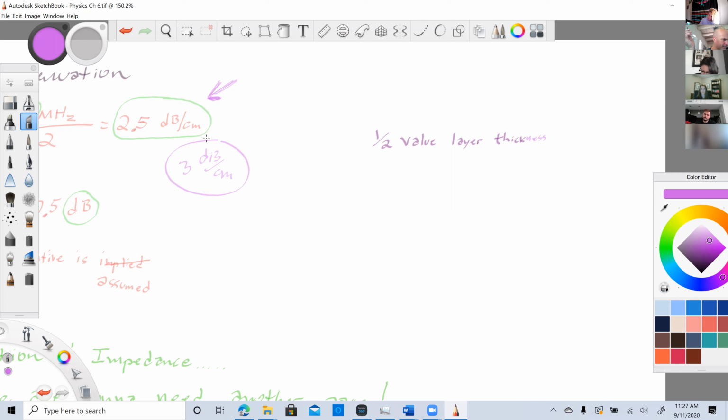There's one thing I actually figured out without having to read a book: half value layer thickness happens to equal three decibels divided by the attenuation coefficient.